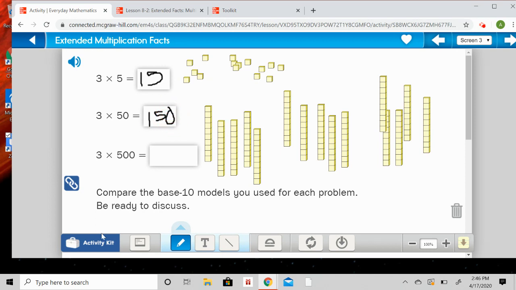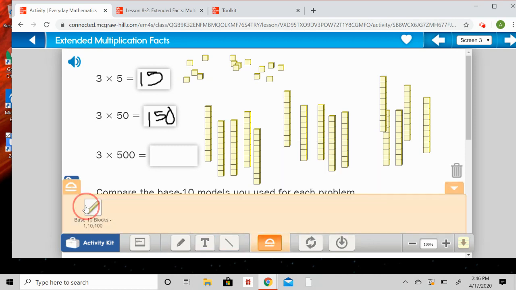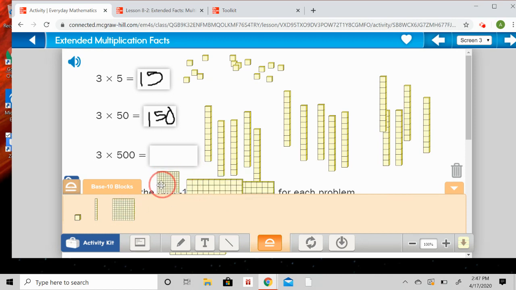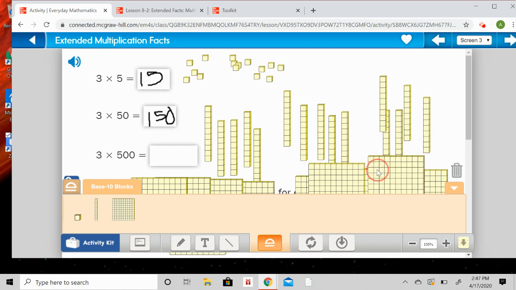Now, I'm going to take my base 10 blocks for the last one, and I am going to do 3 times 500. So I'm going to take my flats. 1, 2, 3, 4, 5. 1, 2, 3, 4, 5.